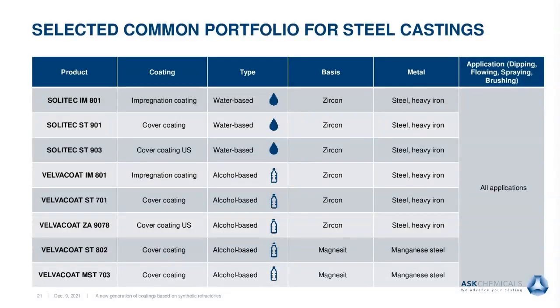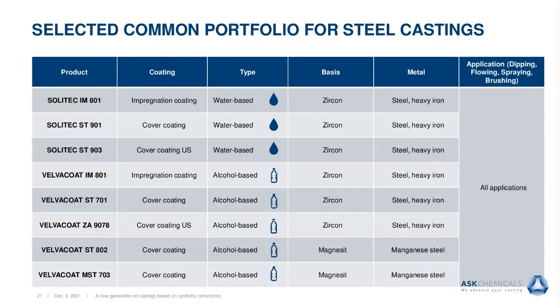To show you the portfolio of the zircon-based coatings we have in our company, there's Solitec IM801. This is an impregnation coating based on water and zircon. We have a cover coating ST901, and then in the States we have the ST903.